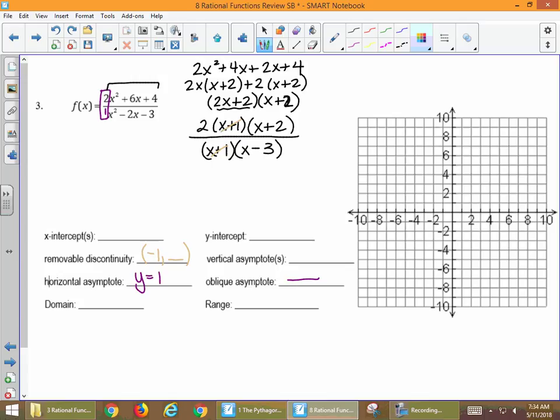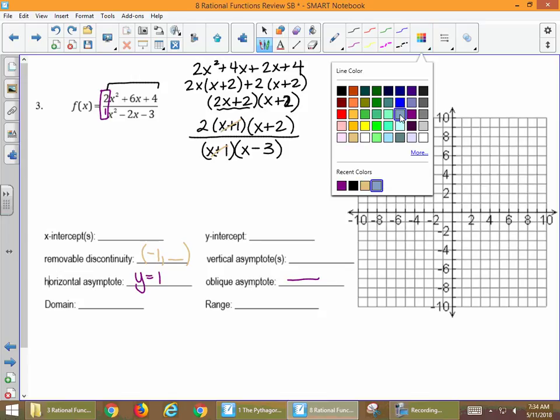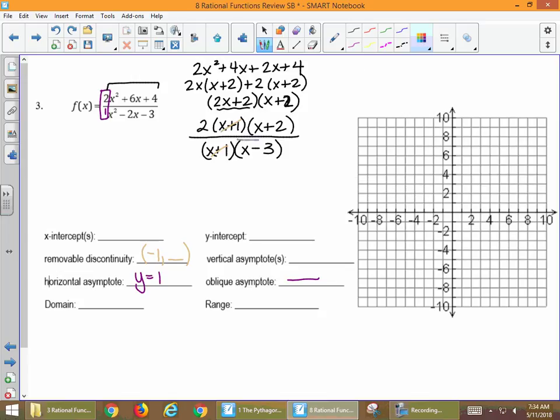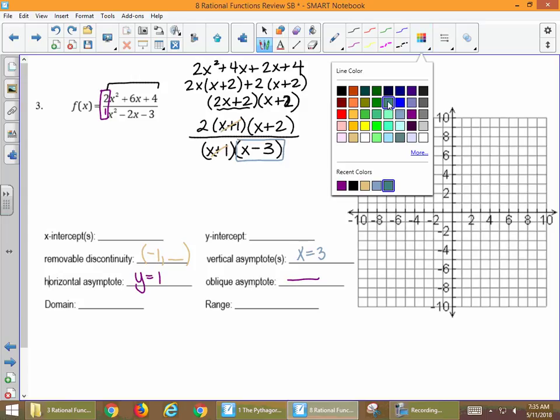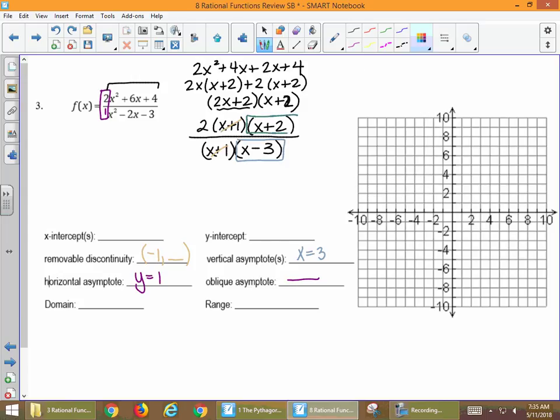Okay, other pieces that we know right now. The denominator here, our x minus 3, is going to give us a vertical asymptote at x equals 3. And we have one x-intercept, and it's at -2 from that x plus 2.